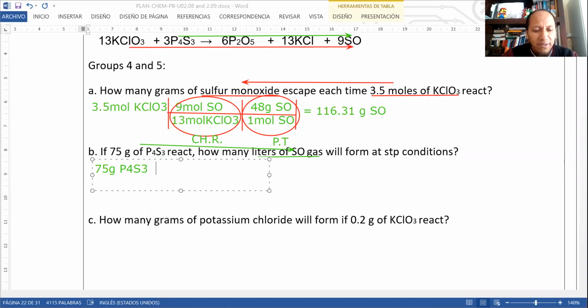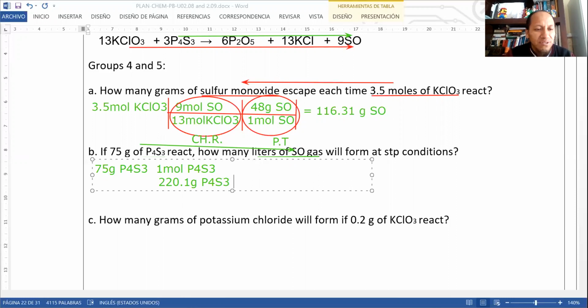So in the upper part, I know that the equivalence of 1 mole of P4S3 from the periodic table, if you add 4 phosphorus and 3 sulfurs, is going to give you 220.1 grams of P4S3. Good. Now you're ready to write the equivalence in moles from the reaction, the conversion factor.